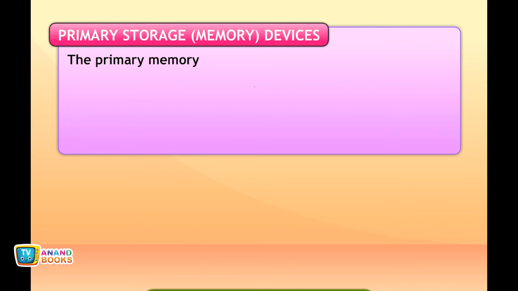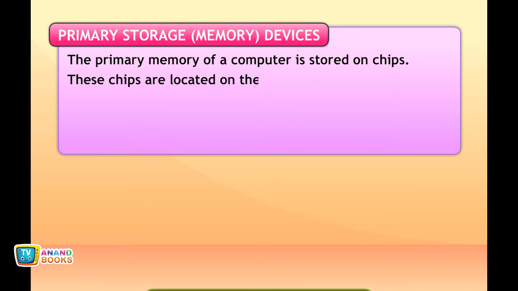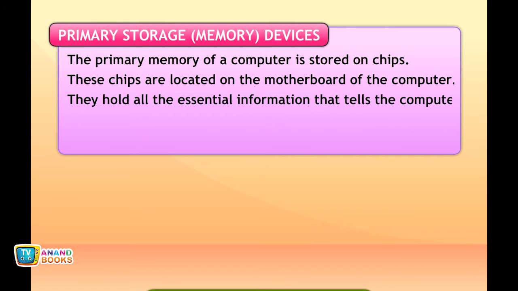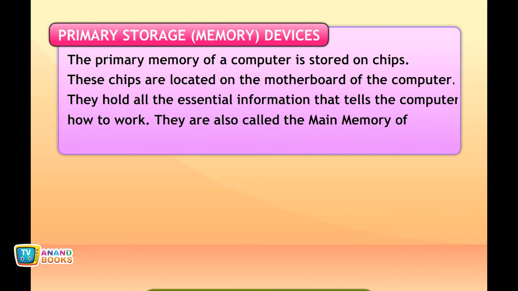The primary memory of a computer is stored on chips. These chips are located on the motherboard of the computer. They hold all the essential information that tells the computer how to work. They are also called the main memory of the computer.